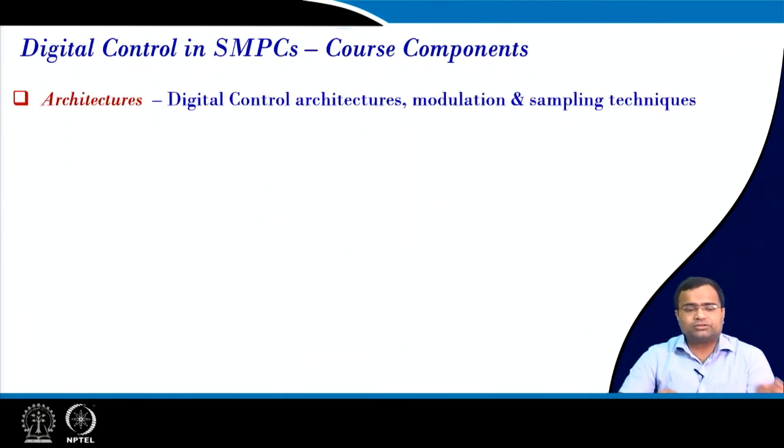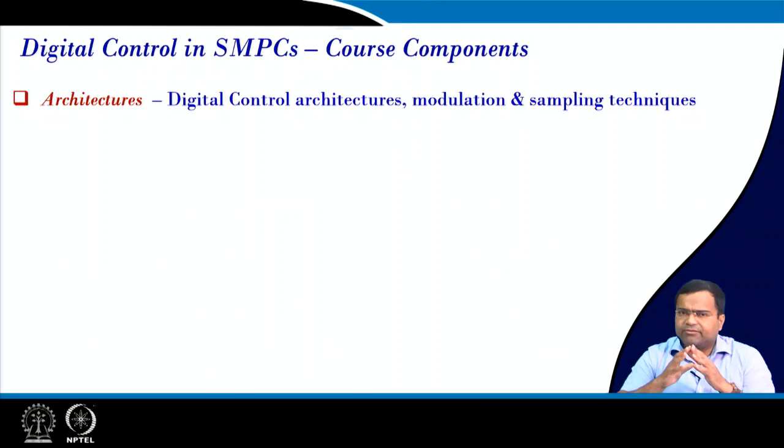So, first, digital control in switch mode power converter, the course components. In this course we will have the architecture part, which will include digital control architectures like current mode control and voltage mode control. Then we will have constant on time digital current mode control, constant off time digital current mode control, peak current mode fixed frequency digital control, and so on.